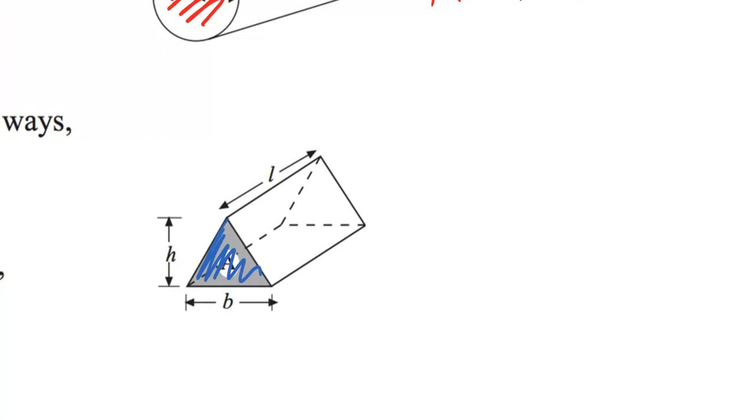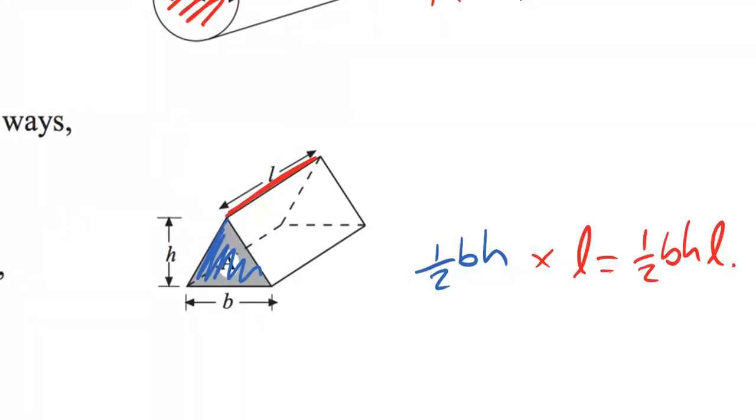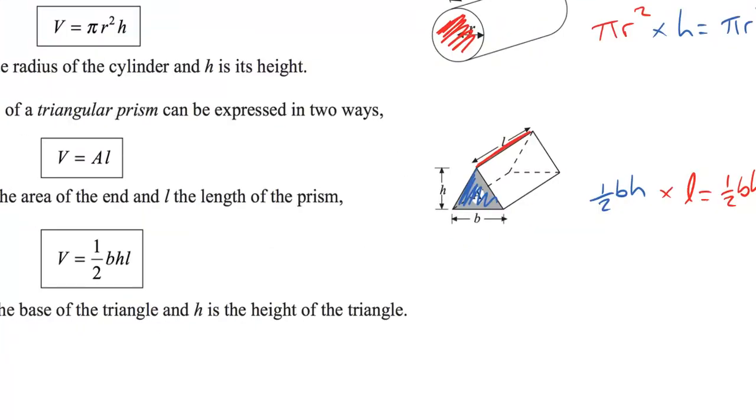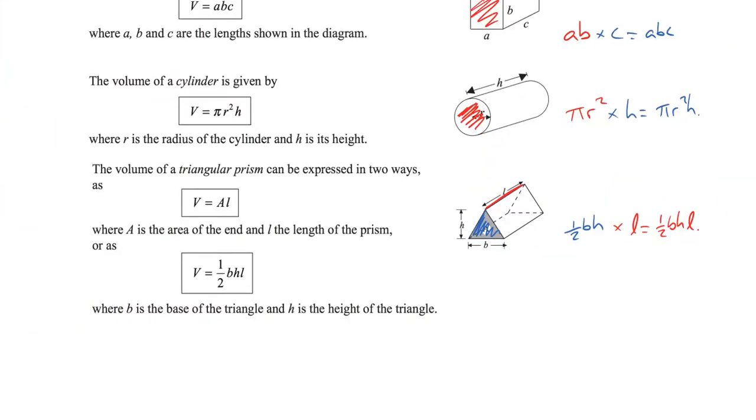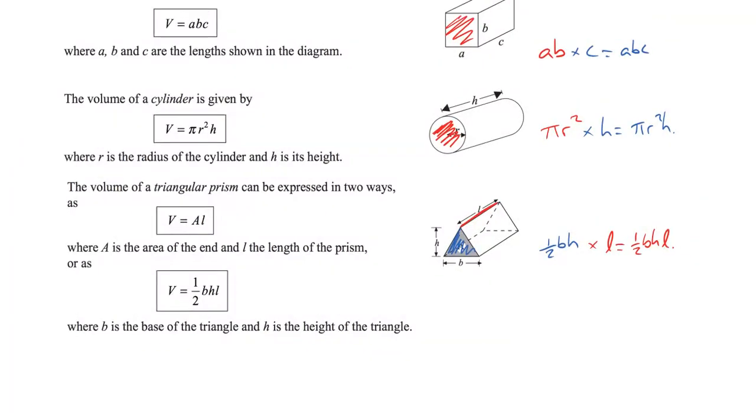If I wanted the area of a triangle, it's half the base times the height, half bh. But we can see that we have the length L going back, so we're going to multiply it by L. Our formula for volume is going to be half bhL. So it's always the same: we have the area of the front section times that depth.